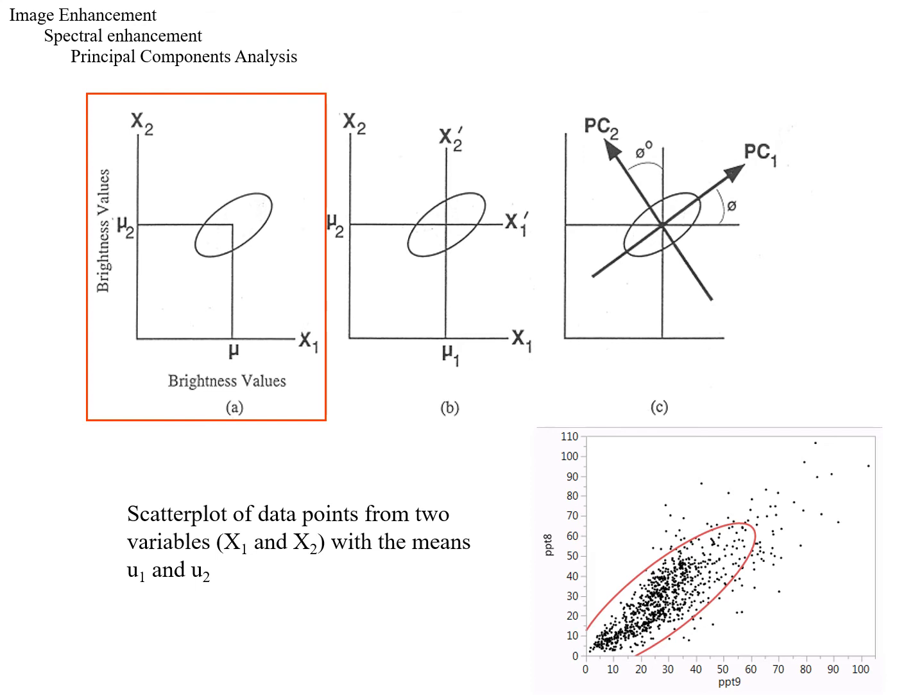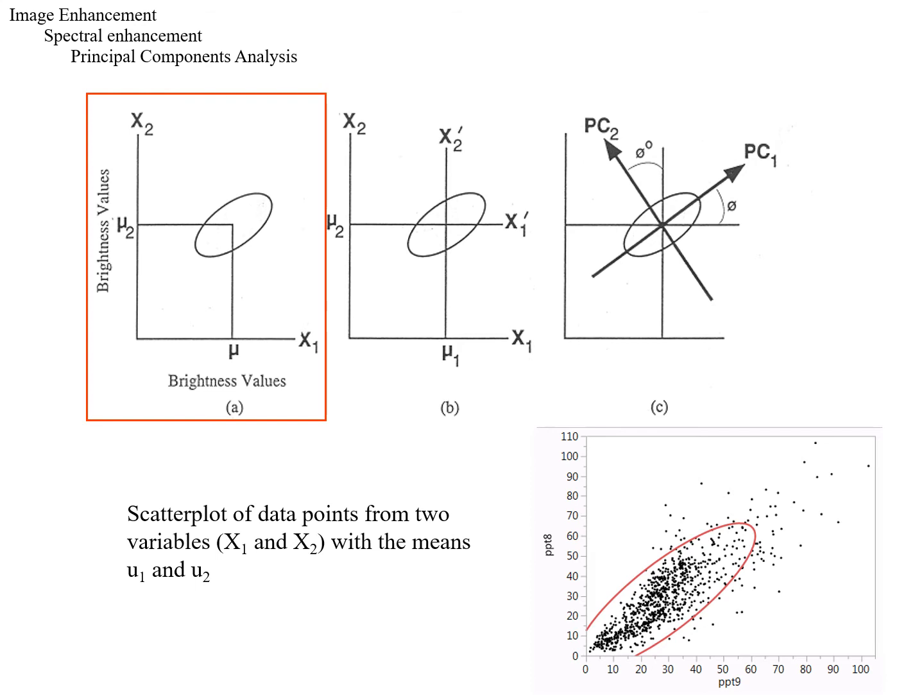And you can see an example of that at the lower right. There are 2 variables and we're fitting an ellipse such that 95% of the observations are contained within it. So you just have to imagine that for the graphs at the top. So we start with 2 variables, x1 and x2 in this case, and we have 2 means, mu1 and mu2. Mu1, the little 1 is not there. I don't know why.